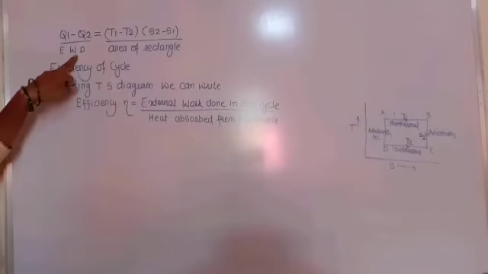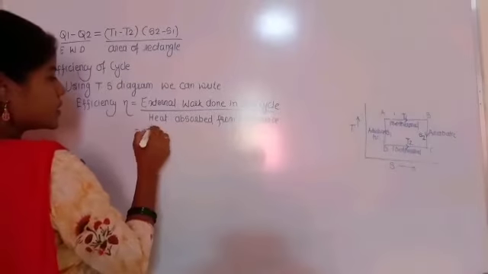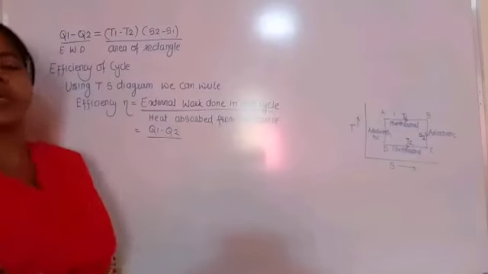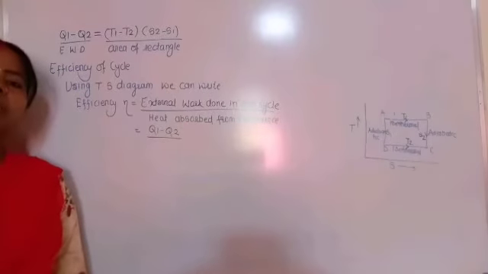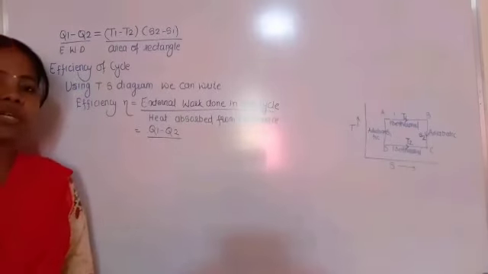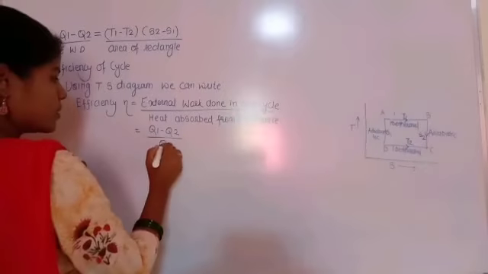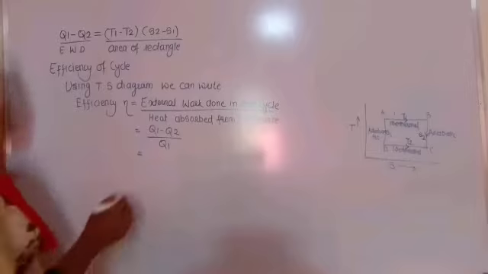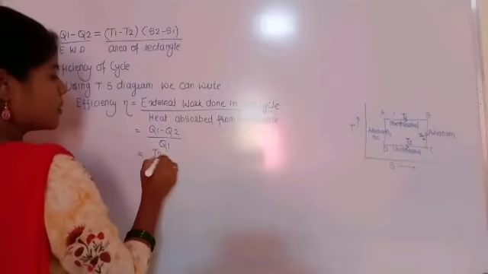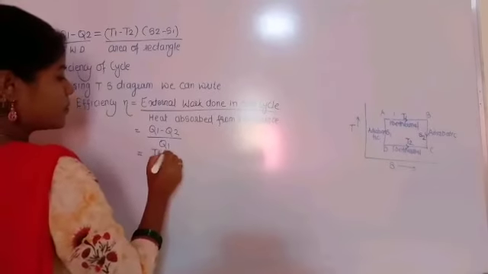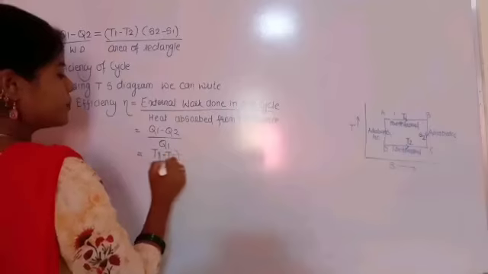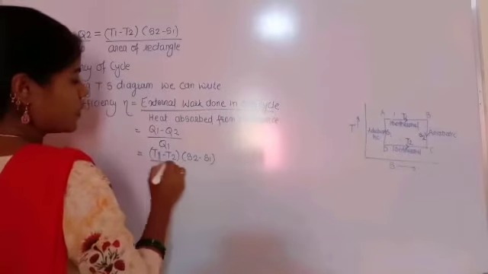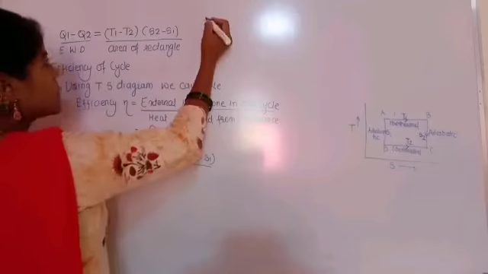So this is the external work done. We write here external work, that is Q1 minus Q2, and for heat absorbed we take Q1, the heat absorbed from the source at temperature T1. Put the value of Q1 minus Q2, that is T1 minus T2 into S2 minus S1, divided by the value of Q1.